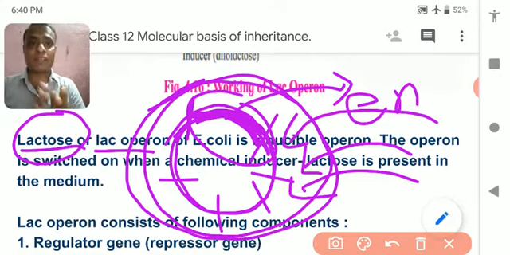It continues the process of forming enzymes until lactose is present. When the lactose has been finished, the lac operon stops forming the particular enzymes and stops the process. Understood? It means they become switched off.